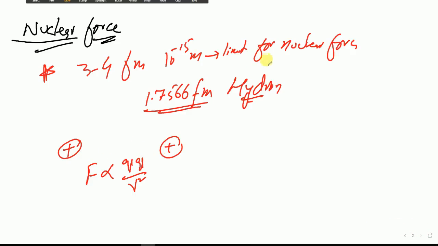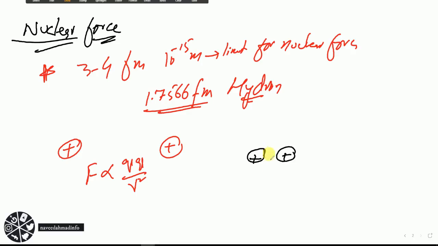Okay, there is a limitation. Okay, in nuclear force there is a limitation. If there is no limit in nuclear force, then this proton will go inside the other proton. Okay, like this proton will absorb this proton. So there is a limitation if you decrease the distance. Okay, due to nuclear force, the distance between these protons will decrease. Okay, so they will be near to each other, but there is still a limitation that if you cross that limitation, then these two will repel each other.